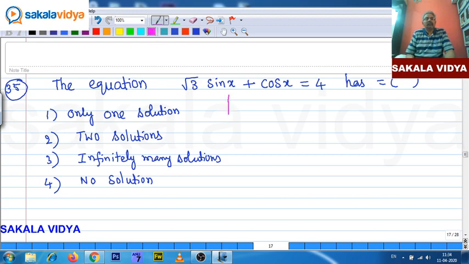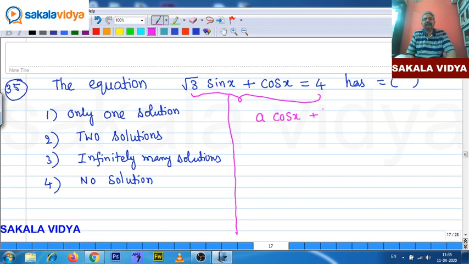Okay, let us come to this problem. How many solutions does this equation possess? So that we need to concentrate. I will give the clue. See, a cos x plus b sin x equal to c.